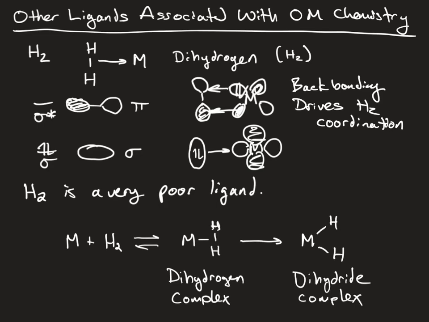You have to have enough electron donation from the metal center into those pi stars that you can stabilize the dihydrogen complex, but not so much back bonding that you dump a huge amount of electron density into that sigma star orbital, effectively breaking the HH bond and forming the dihydride complex. So you need enough back bonding to stabilize it, but not so much back bonding that you break the HH bond.